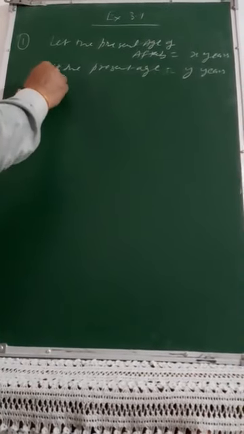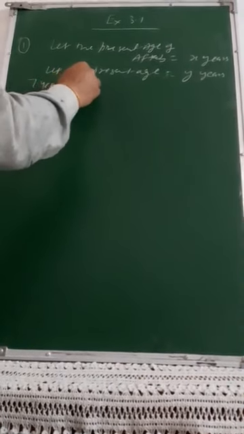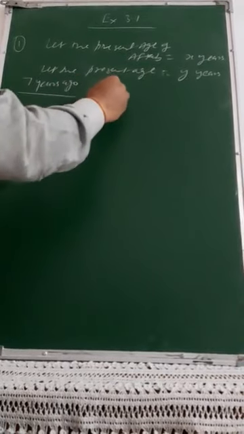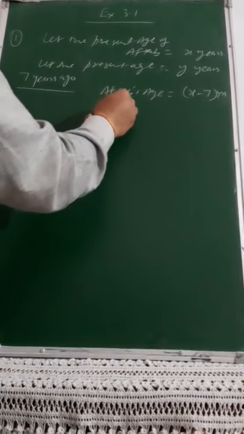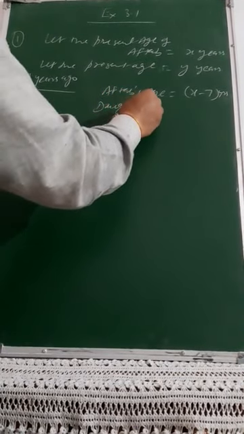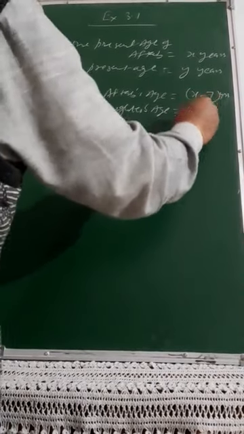So first condition is 7 years ago. So 7 years ago, you all are clear. What will be the Aftab age? Aftab's age will be x minus 7 years, and daughter's age will be y minus 7 years.